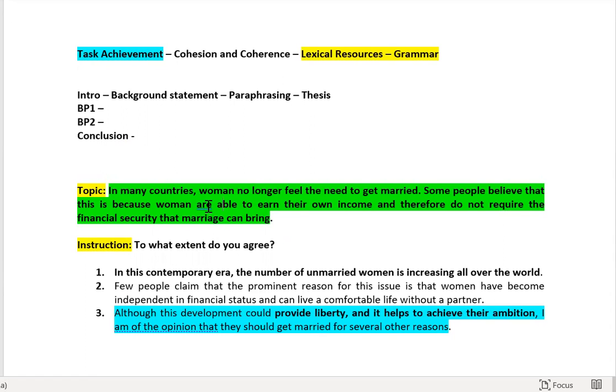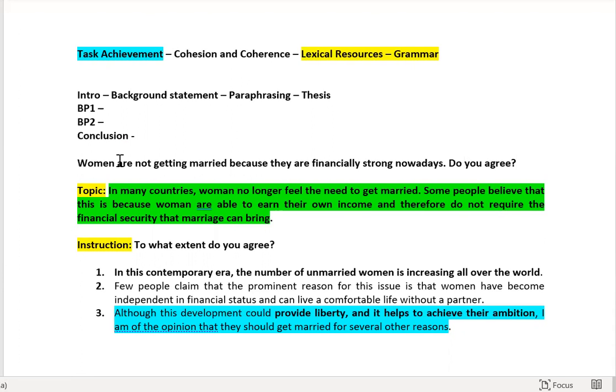So in simple words, they say that women are not getting married because they are financially strong nowadays. Do you agree? I converted this question into simple terms.